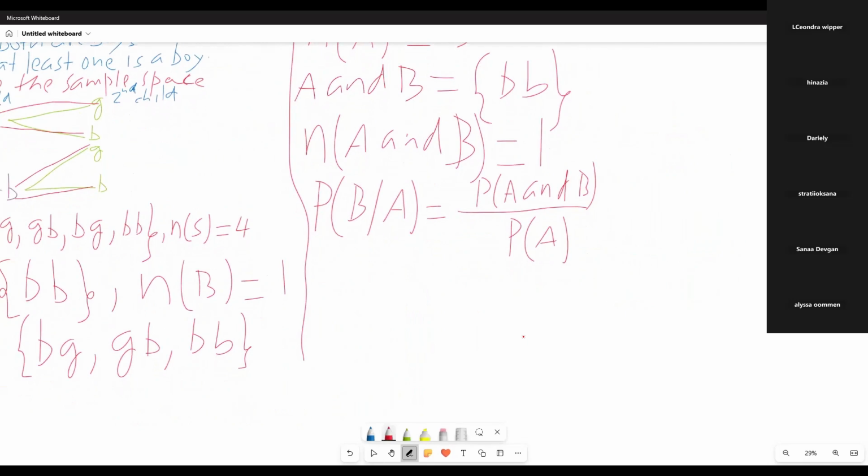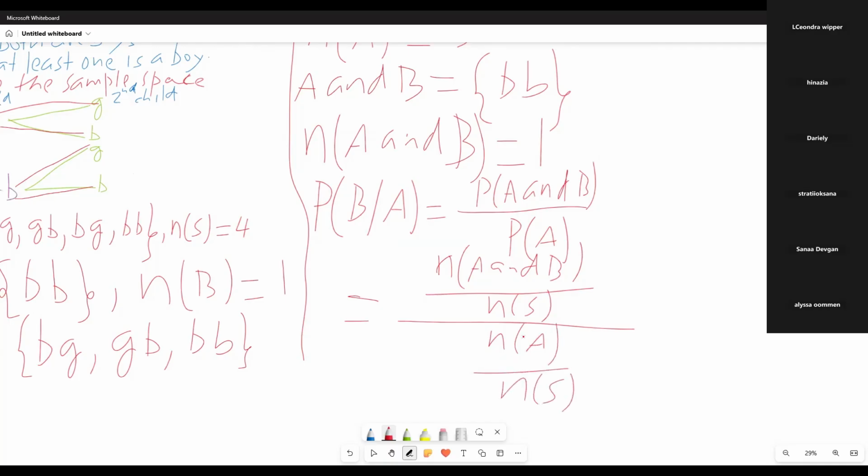Now, P of A and B would be N of A and B over N of S. And then P of A would be N of A over N of S. So you can get rid of N of S here.